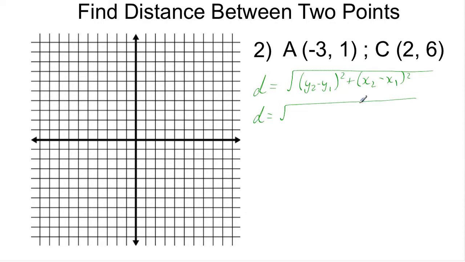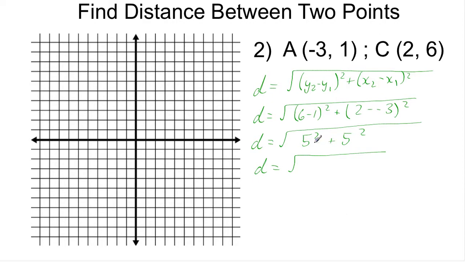So distance is going to be equal to the change in y, so 6 minus 1 squared, plus the change in x, which is 2 minus a negative 3 squared. So distance is going to be equal to the square root of 5 squared, plus this is another 5 squared. That's the distance is equal to the square root of 25 plus 25, which is 50.